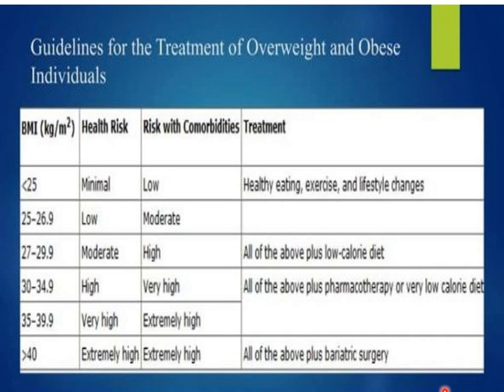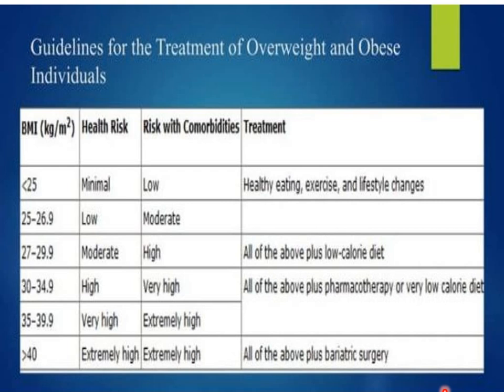The guidelines for the treatment of overweight and obese individuals depend on the body mass index. A body mass index of less than 25 has a minimal health risk, and the risk with comorbidity will be low. So what's the treatment for those people? Healthy eating, exercise, and lifestyle changes are enough for them.